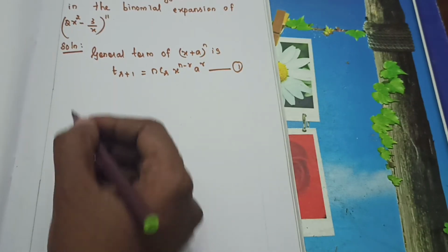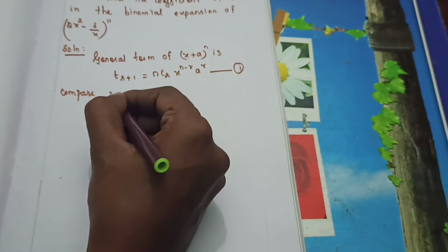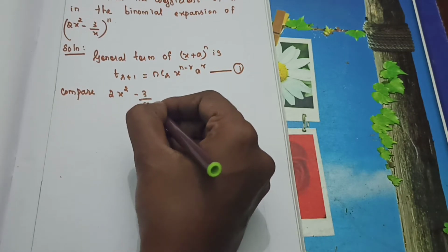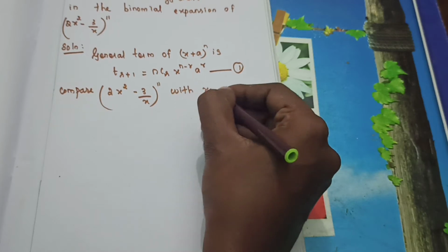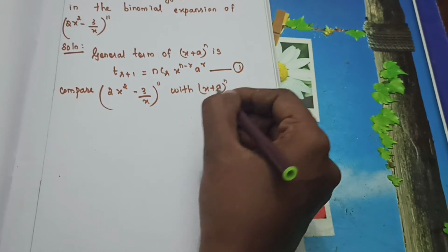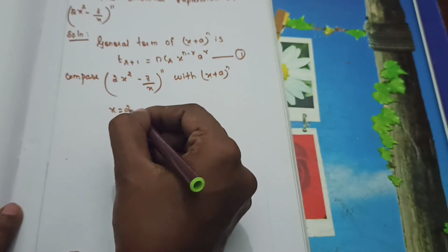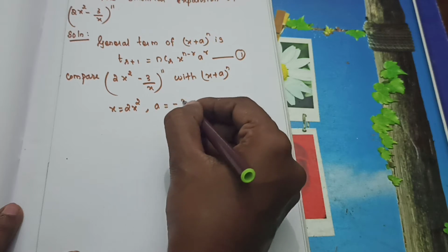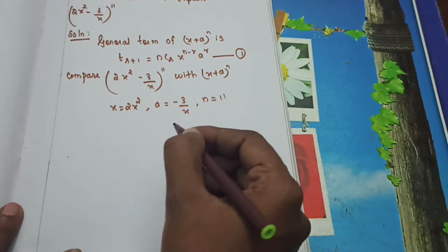Now we will compare 2x square minus 3 by x the whole power 11 with x plus a the whole power n. So what's the x value? 2x square. Along with the sign you need to take a, so minus 3 by x. Then what's the n value? 11.